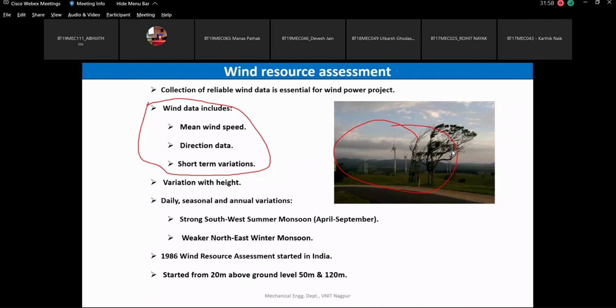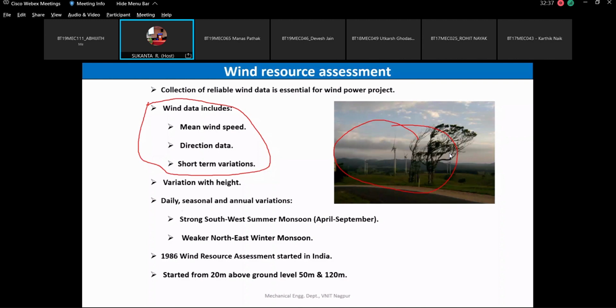So here you can see in the monsoon season from April to September, we'll be getting some strong wind. From May to September, in the southwest monsoon, we are getting the monsoon wind speed, so it is good also. Then the wind speed during November to March is a little low.